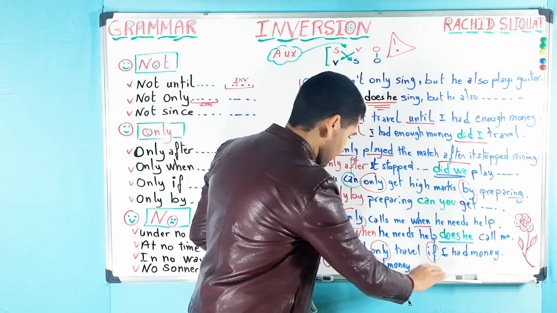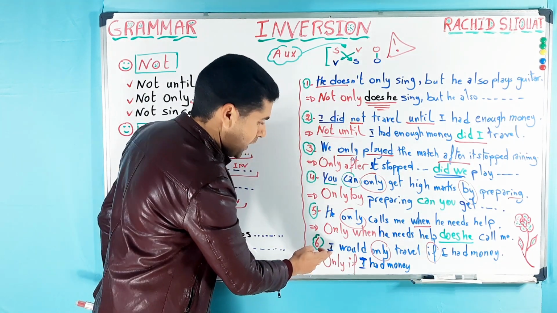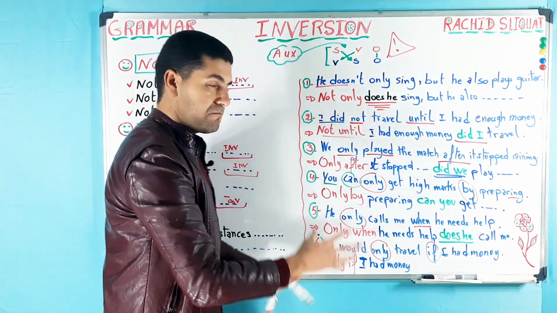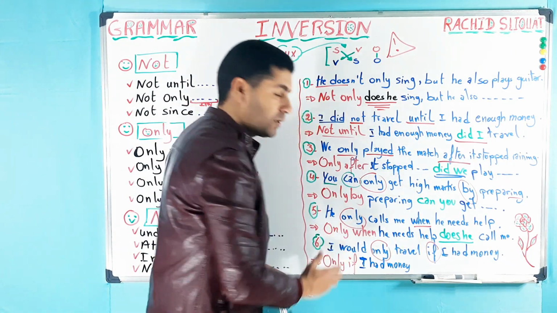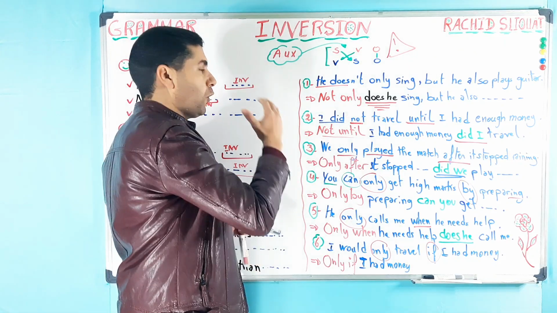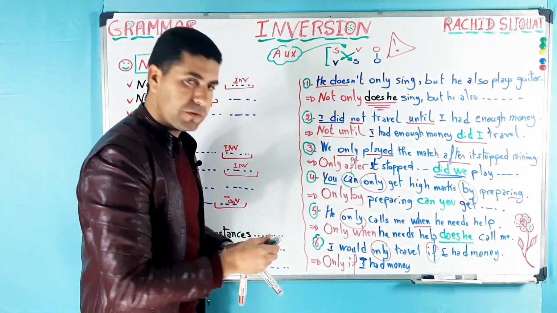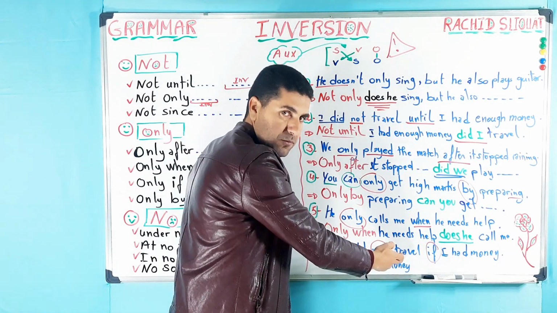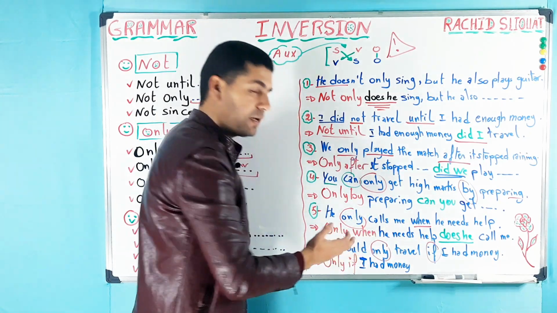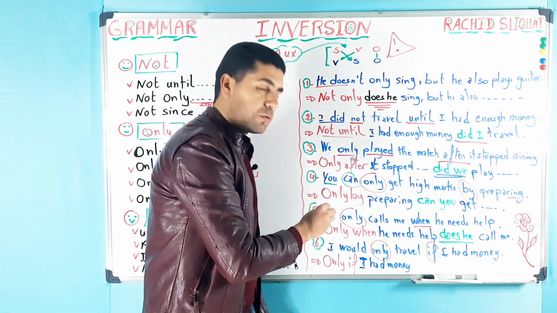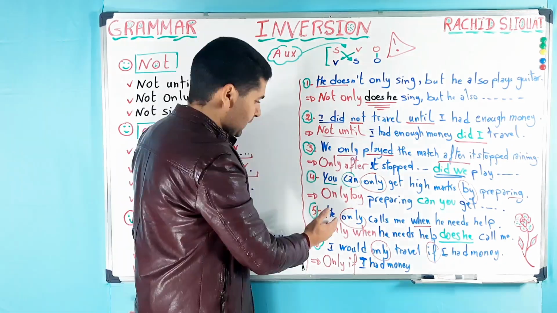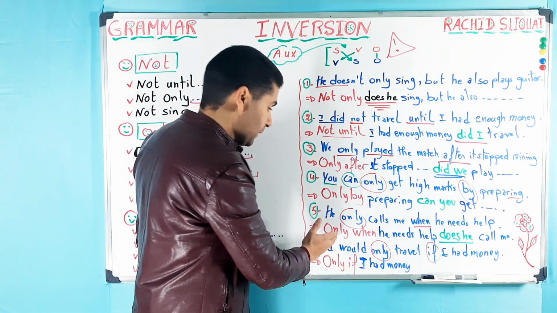Here we have the subject I, we have the word travel. I would travel. So the main verb is travel, and would is a modal verb as an auxiliary in the sentence. So what are we going to do? We are going to inverse the subject and the auxiliary, not the main verb. And if we don't have the auxiliary in the sentence, we have to find it, like in example number 5.